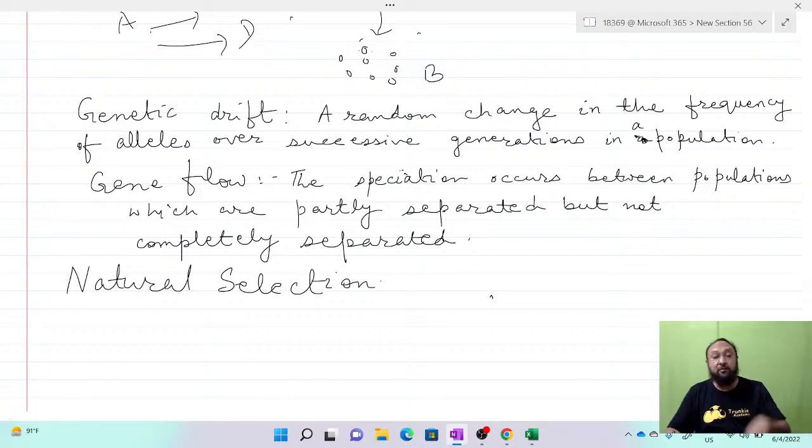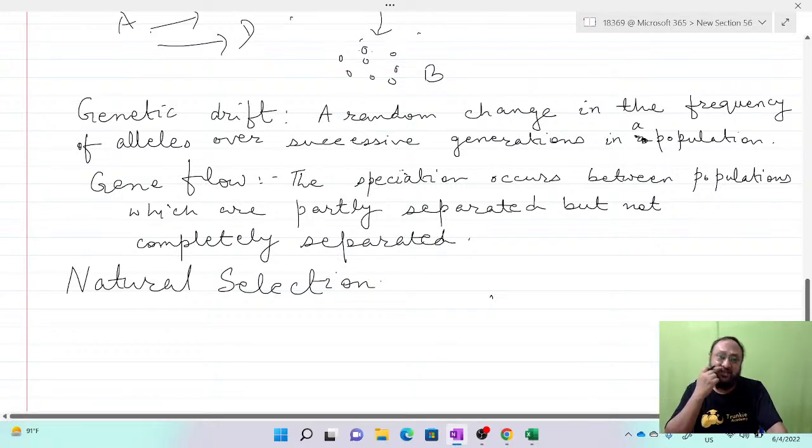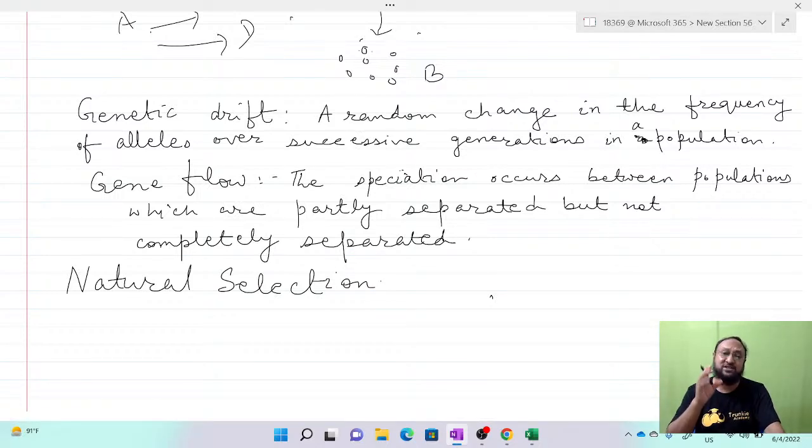For example, some progenies, offspring, were produced from one parent generation, and if they are not able to adapt to a changing environment and a changing habitat, then they will be eliminated. They will not be able to survive, and they are not going to produce another generation. If they do produce a third generation, slowly they may become extinct, because some animals and plants have become extinct on the basis of natural selection.